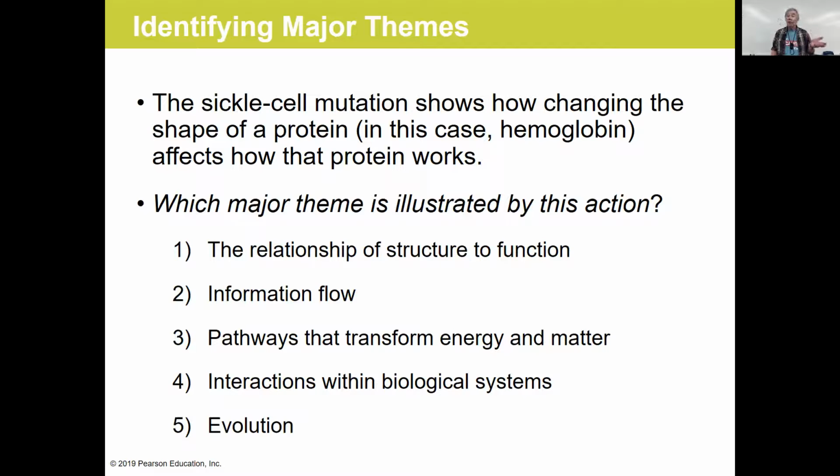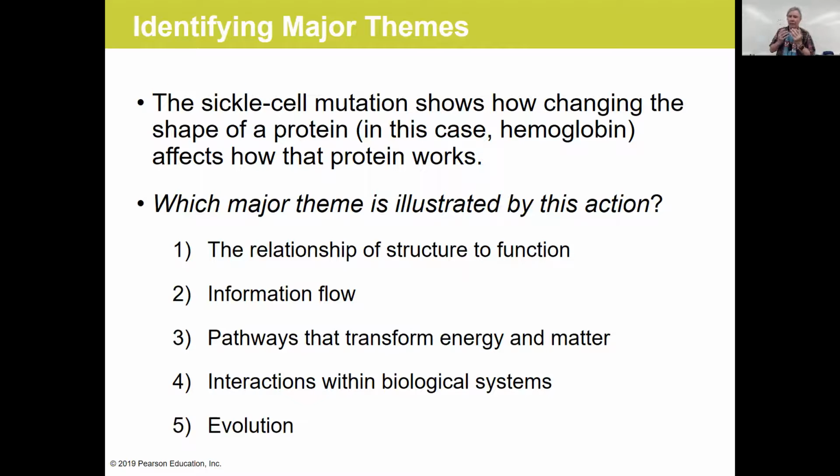What's the other trait? The other trait is protection against malaria. You cannot get malaria if you have sickle cell trait. So it protects you. And that's why it's so much more common among people of recent African heritage. Remember, all human beings have African heritage, because that's where human beings came from, as we've talked about before, about the evolution of skin color.